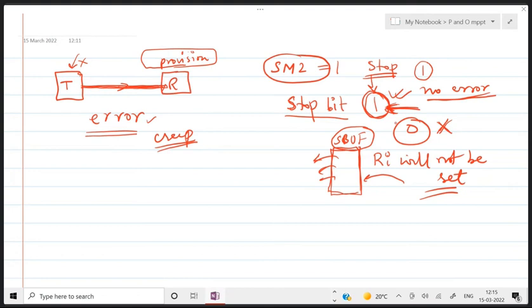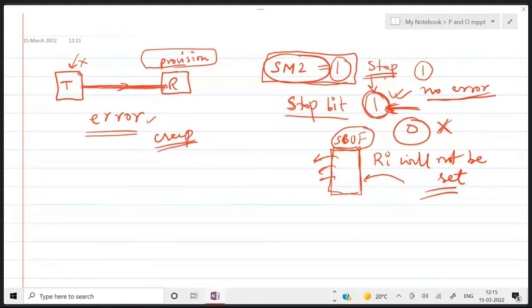There is no foolproof method of error checking, but we can definitely reduce that error to a large extent by doing this simple check of the stop bit. Is this clear?